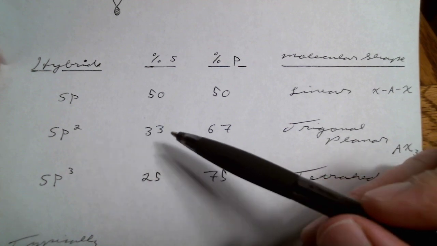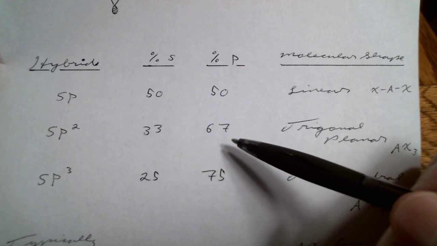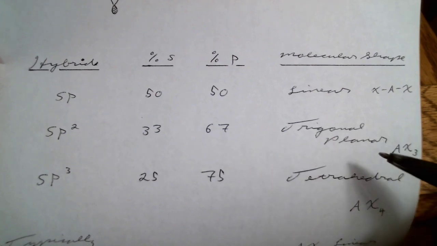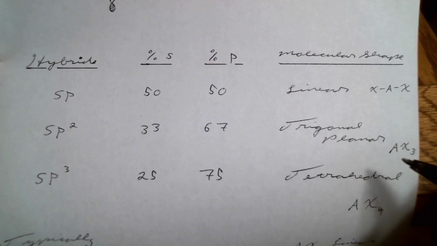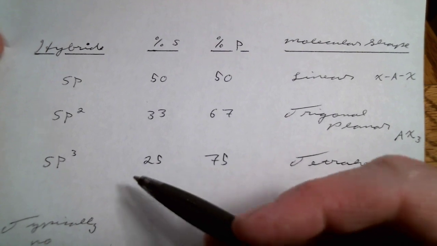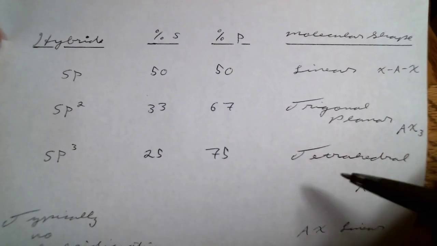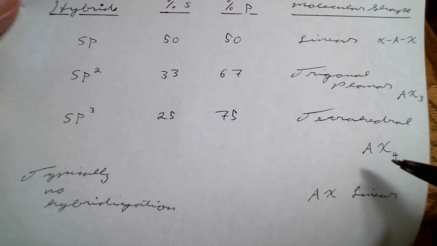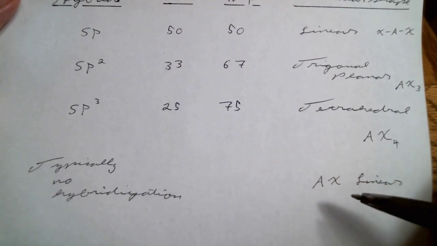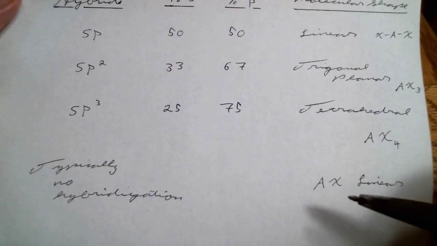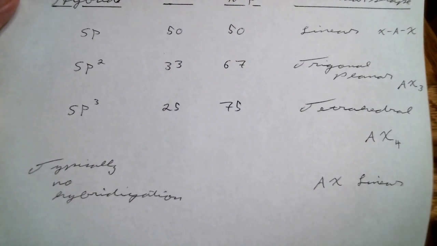For sp2 hybrids, we've got 33% s because we're one of 3 parts, 67% p. Those would be characteristic in terms of hybridization for trigonal planar molecules of the type AX3. And of course, sp3 hybrids would be 25% s character, 75% p, and that describes tetrahedral molecules of the type AX4. Typically, there's no hybridization on diatomics.